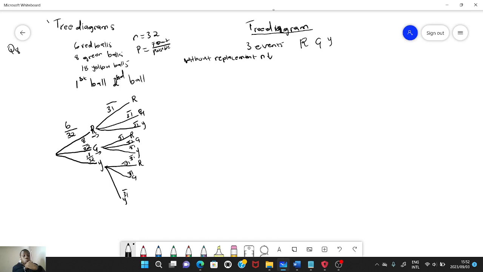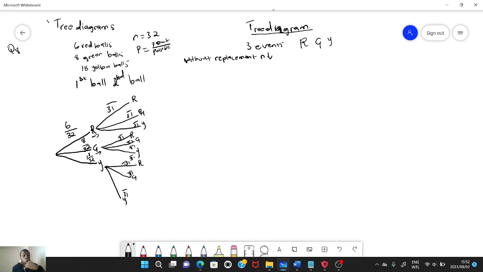So here we know that the sample space was all over 32, right? And here we had 6, here we had 8, here we had 18. And then here we had 5 over 31, here we have 8 over 31.